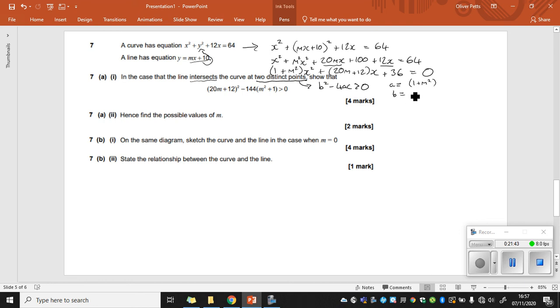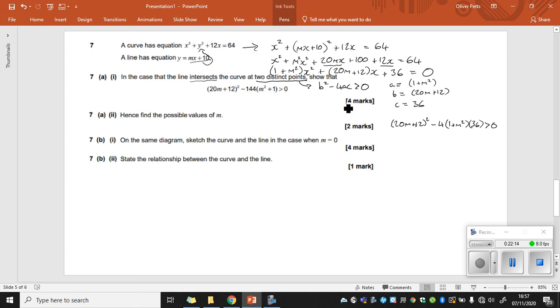B is going to equal the coefficient of x, which is 20m plus 12, and then C is going to be the 36 at the end. So let's substitute those into our discriminant, and we're going to have 20m plus 12 all squared minus 4 lots of A, which is 1 plus m squared, and then we need to times by C, which is 36. And then we need the discriminant to be greater than 0.